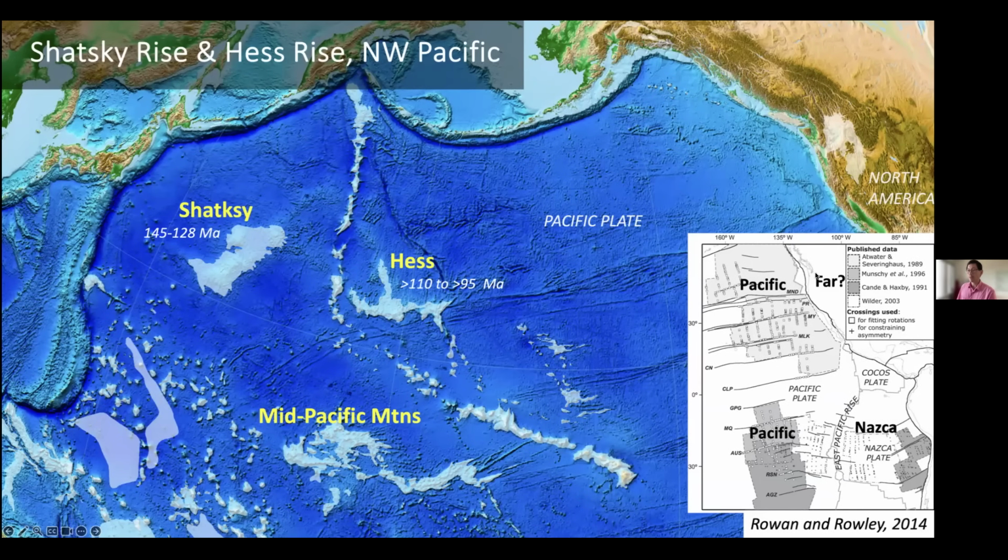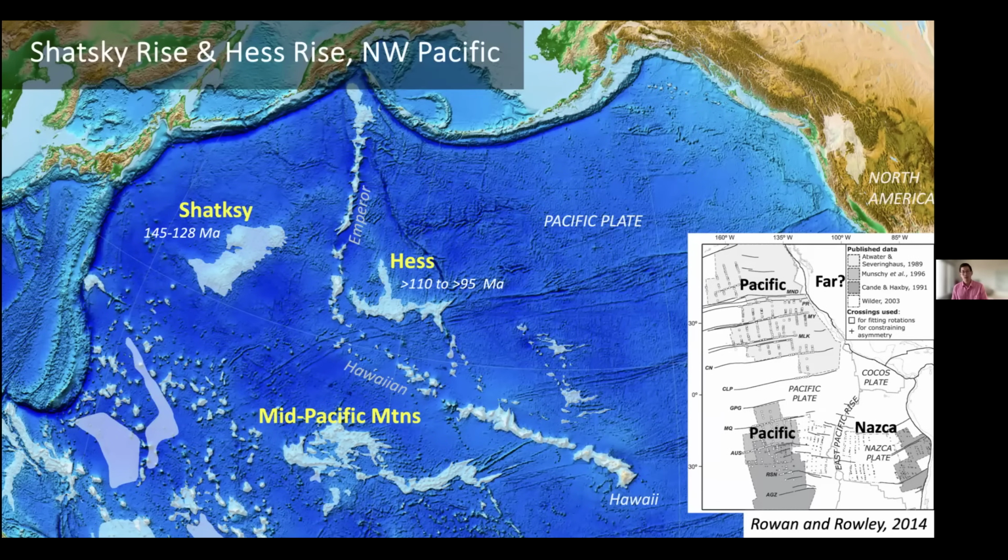And so we have to make guesses of what is on the other side. This is why we're looking more closely at this Pacific side. And when we look at the Shatsky and Hess rises, the Shatsky rise is over here. It's a bathymetric high in the Pacific, and it formed in the early Cretaceous. And then we have the Hess rise over here, which formed at a younger age.